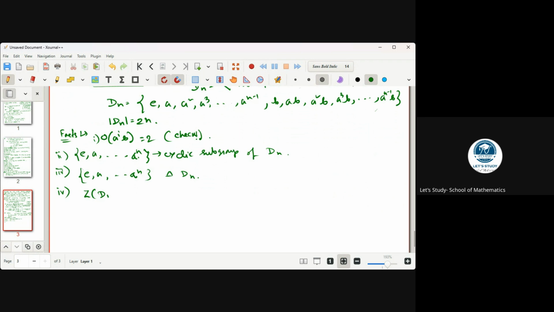What will be the center of Dn? Anybody know? Identity if n is odd, and identity comma a to the power n by 2 if n is even. This is the center. Okay, so this is the structure of Dn.